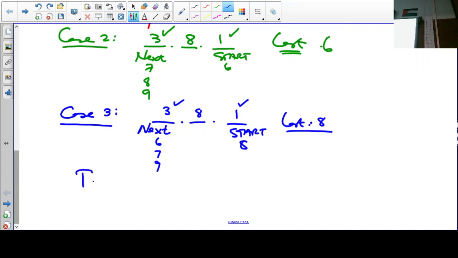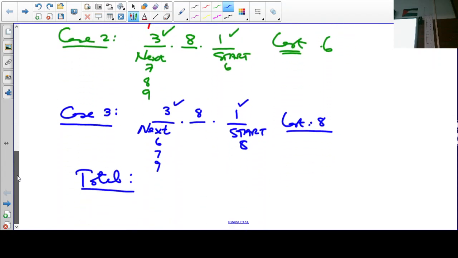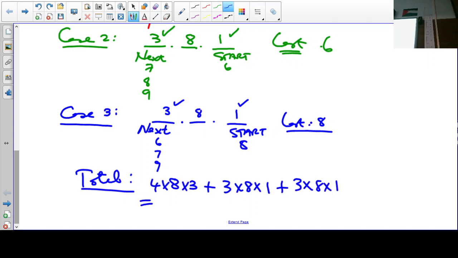Now in total, we add all 3 cases together. The first case is 4 times 8 times 3, plus the second case, 3 times 8 times 1, plus the third case, 3 times 8 times 1.